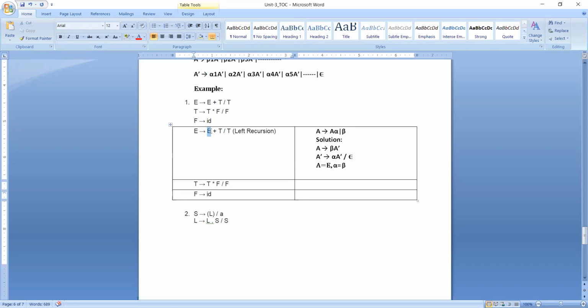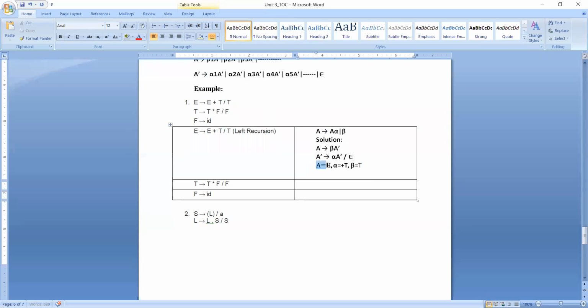Please observe: this is A, and whatever follows A will be considered alpha. So alpha will be plus T. And what about beta? On the other side, this is only left, so capital T will be beta.